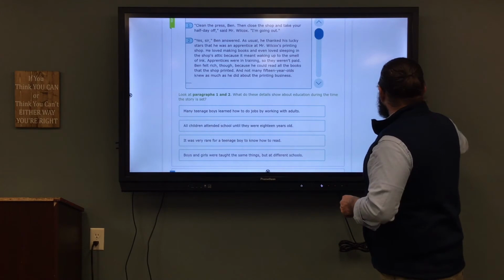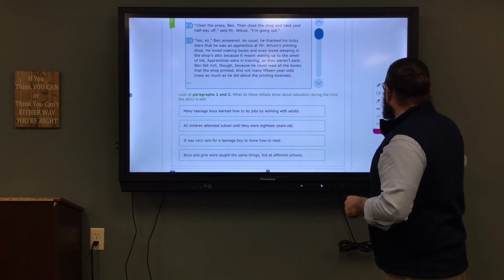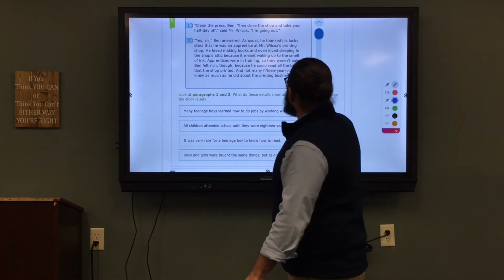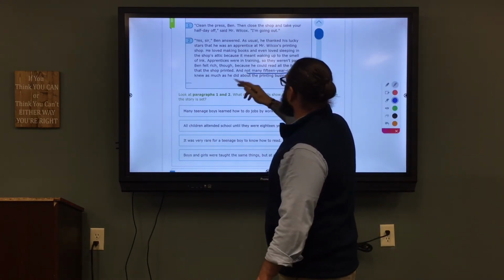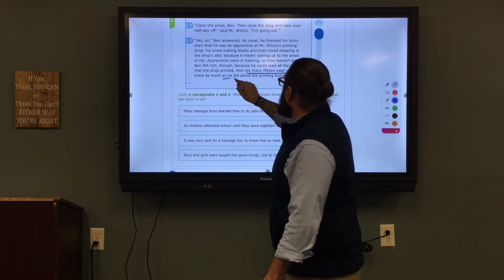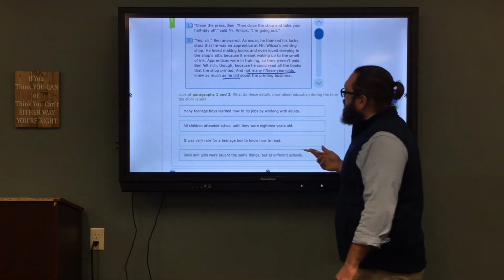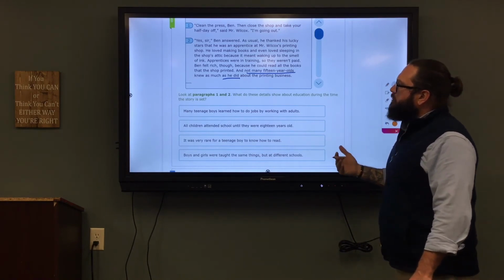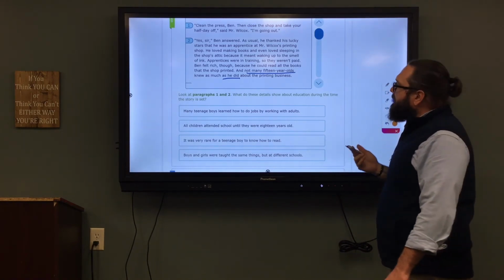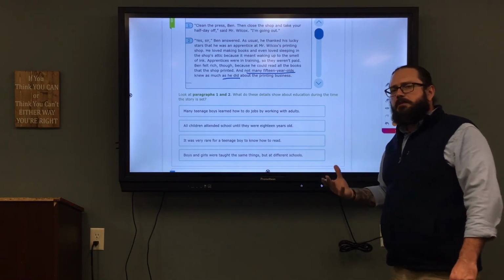We know that our main character, Ben, is 15 years old, where it says not many 15-year-olds knew as much as he did about the printing business. So based on this information, we can assume that Ben is 15 years old. So we know he's a teenager.